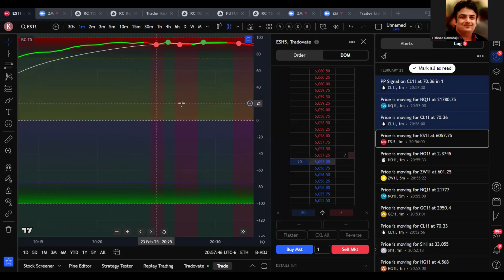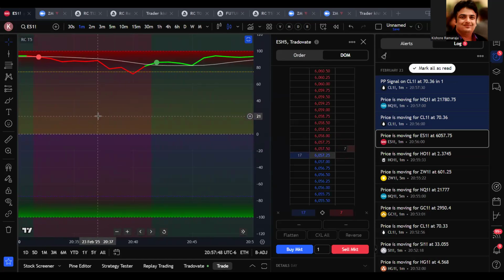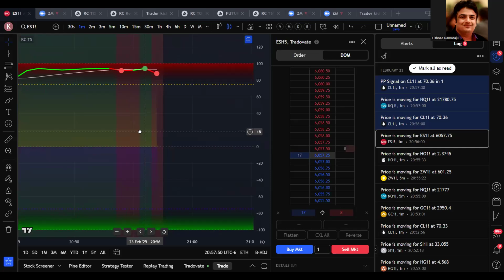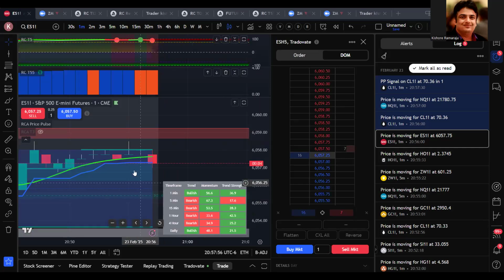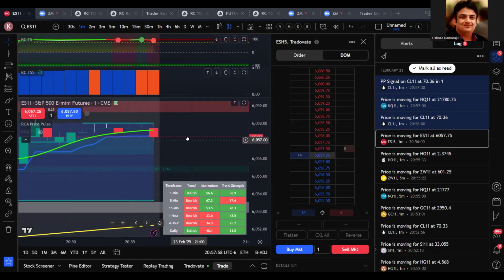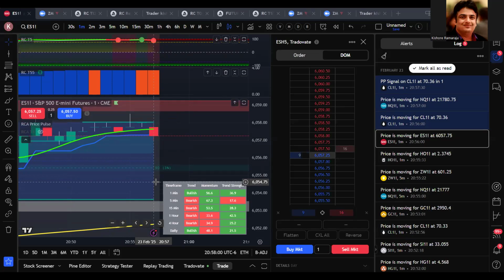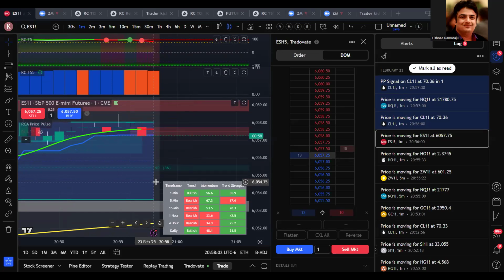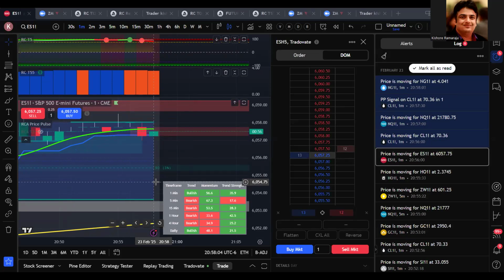There will be a reversal on ES and NQ, some small reversal, not a big one, but some 4, 5 points drop, and again they will go up. So we already have a short for NQ. We are holding that one. We have a short on crude oil. We have a short on NQ.